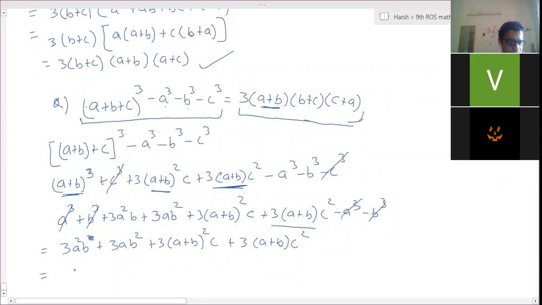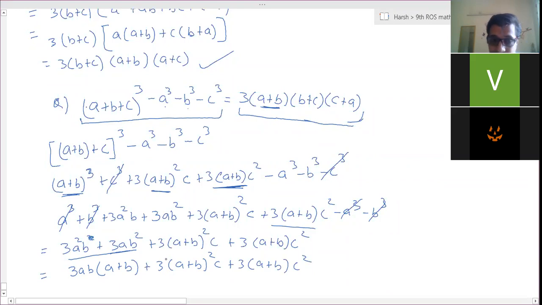So now, in these two, what is common? 3AB. So what is left out? A plus B plus here 3(A plus B) C plus 3(A plus B) C square. Few of you will have the approach to expand this. Why expand?